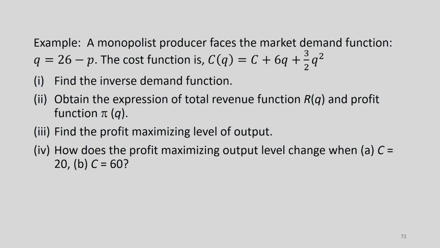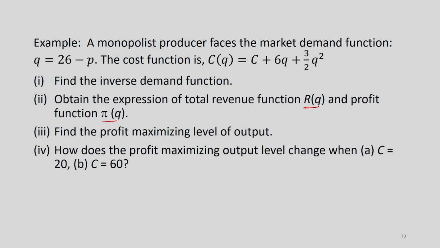Find the inverse demand function, obtain the expression of total revenue function R(Q) and profit function pi(Q), find the profit maximizing level of output. How does the profit maximizing output level change when c is equal to 20 and c is equal to 60?